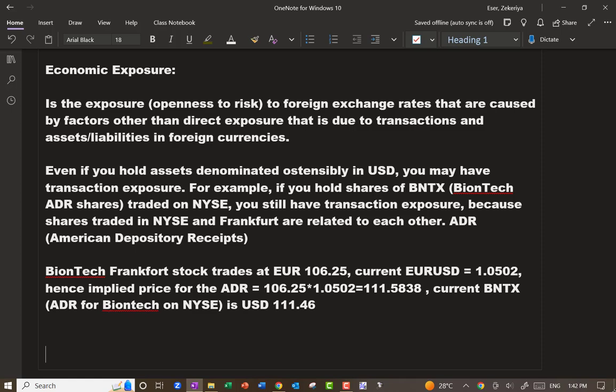Suppose you are a drug manufacturer, okay? But you only do sales in the United States. And let's assume all your expenses are also in US dollars, so you have no direct transaction exposure.